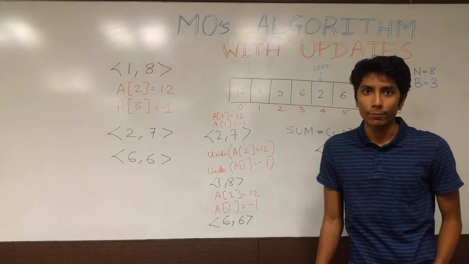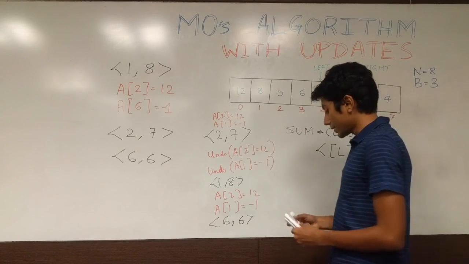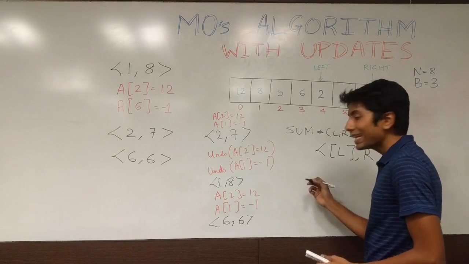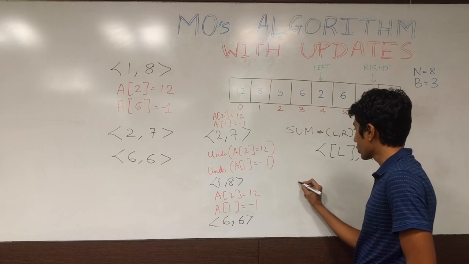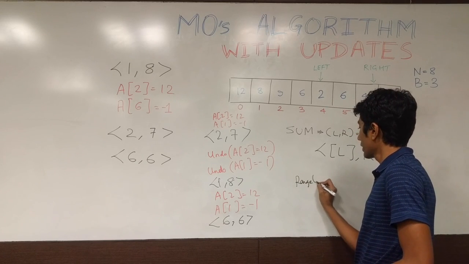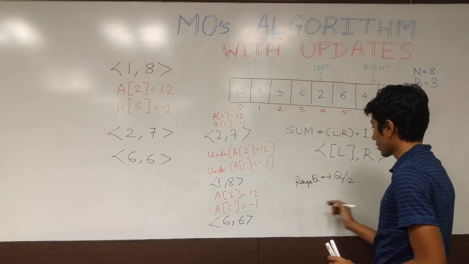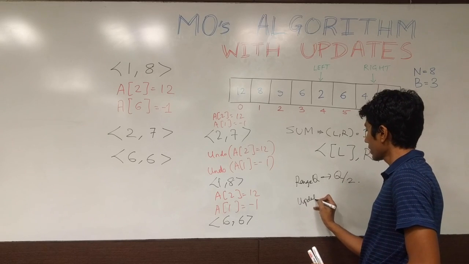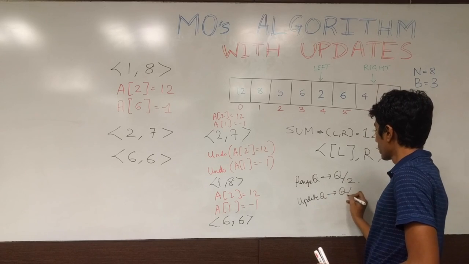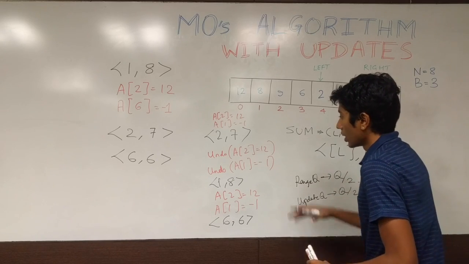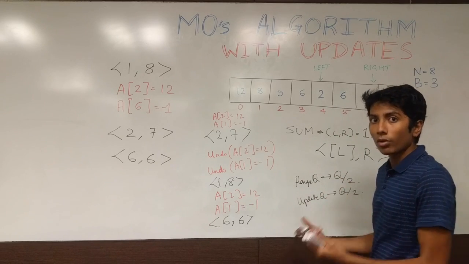So in the absolute worst case, let's say range queries are q by 2 in number, half of the total queries, and update queries are again q by 2 in number, half of the total queries. The multiplication of these two is the number of operations you're performing.